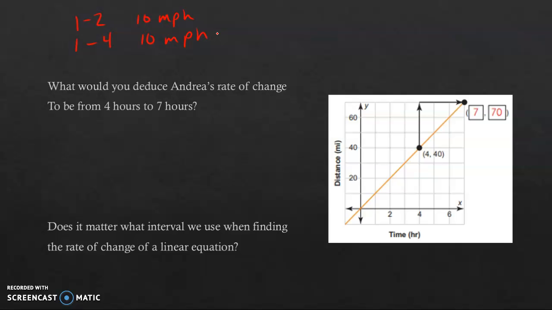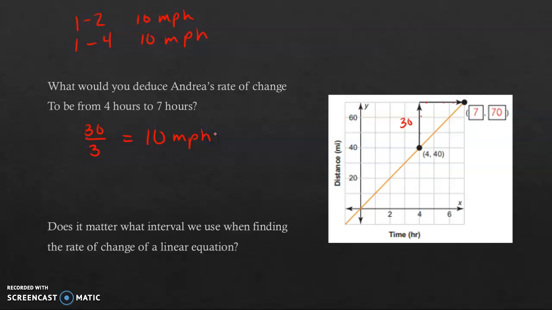Now we're wanting to go from 4 to 7. So here's 4, we're going 10, 20, 30. So we have 30 over, and then 1, 2, 3. 30 over 3, which gives us 10 miles per hour.